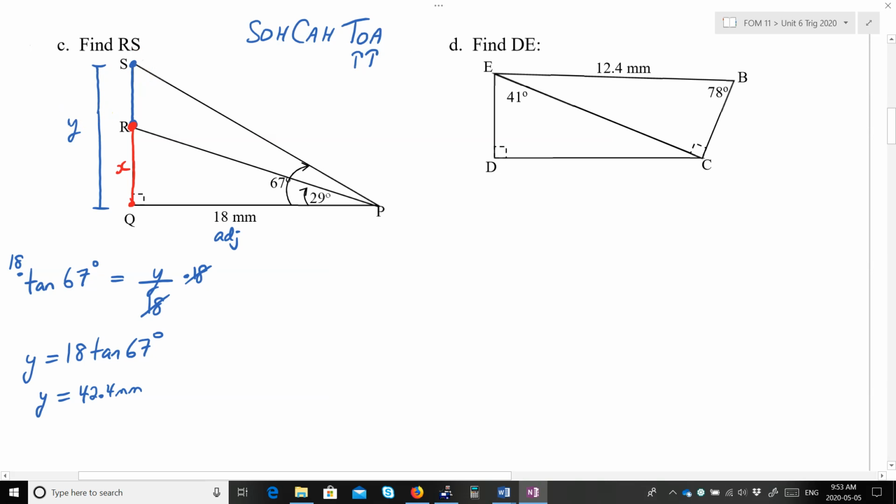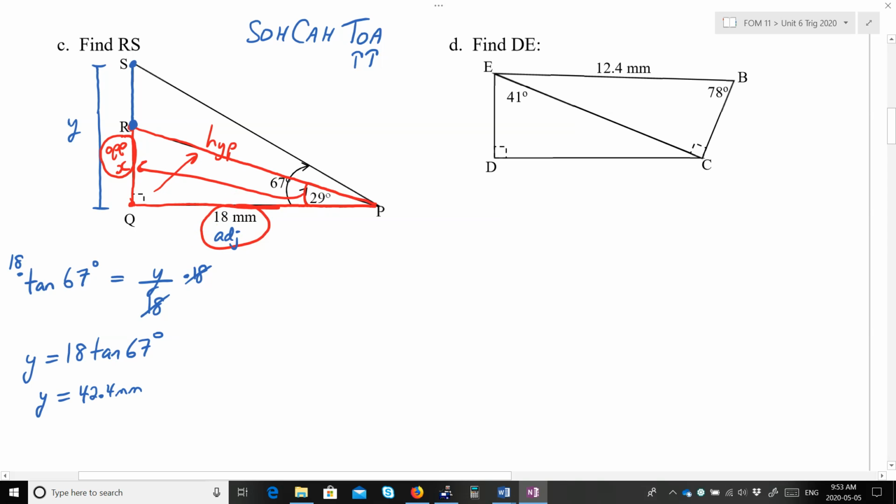Okay, so to get x, we're going to use this little 90-degree triangle right here. And we've got a 29-degree angle. The x is the opposite. And we know that across from the 90 is the hypotenuse. So again, this must be the adjacent.